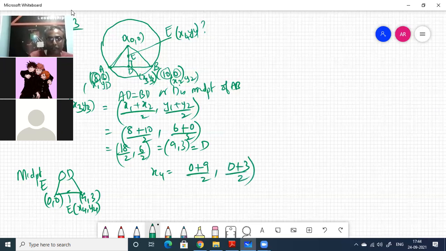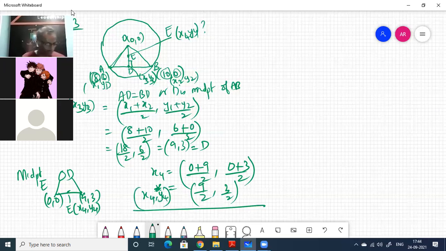That's all. So x4, comma y4 is equal to 9 by 2, comma 3 by 2. Okay. We have done the fifth sum. Fifth sum: 9 by 2, comma 3 by 2. Correct.